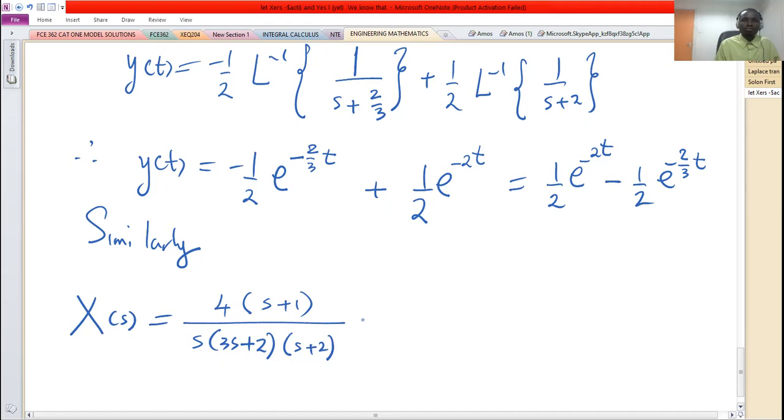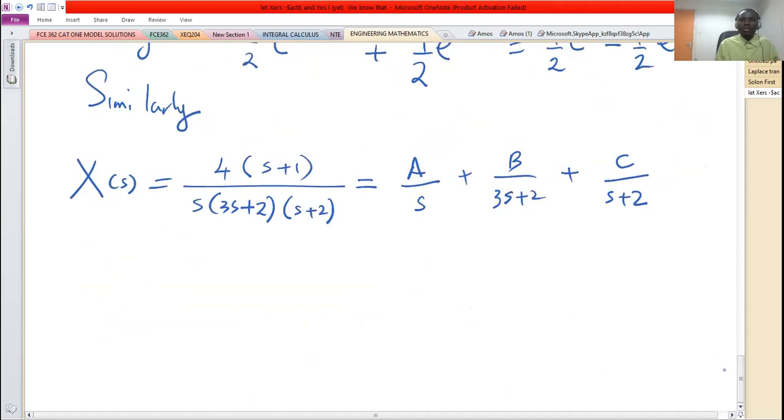And on decomposing into partial fractions, you'll get the form A over s plus B over 3s plus 2 plus C over s plus 2. And when you do the same thing that you have done for y, A will give you 1, B will give you negative a half, and C will give you negative a half still.